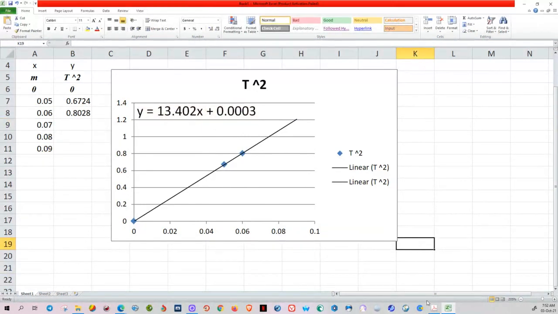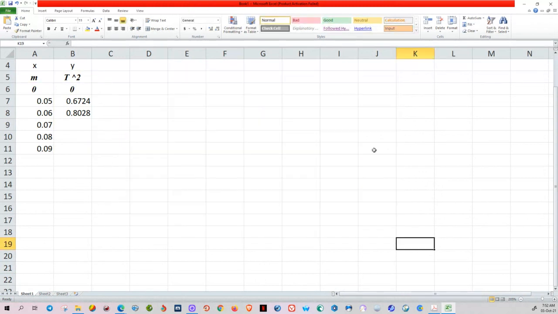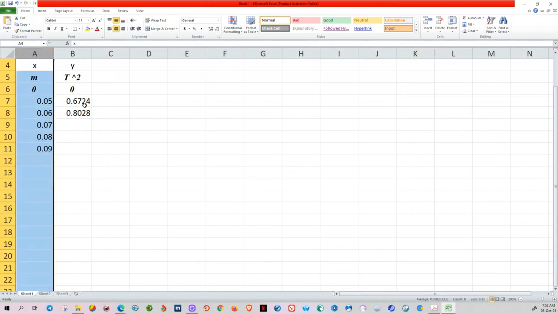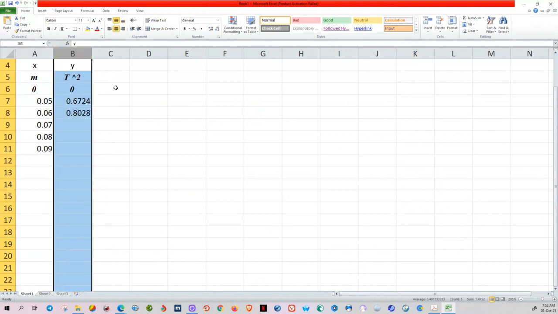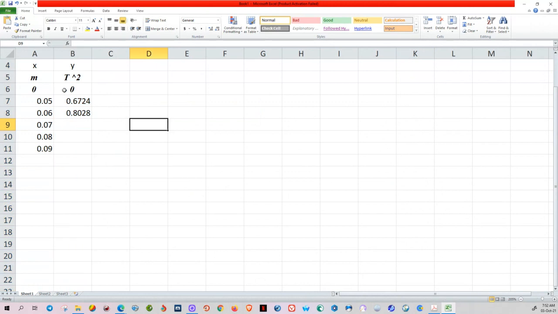Any other questions? If you missed the process of how to get this value, I will repeat it. How to get the slope from Microsoft Excel. First, put the value of the x-axis on the left side, the value of the y-axis on the right side. Then you select the data. You have to select complete like this.